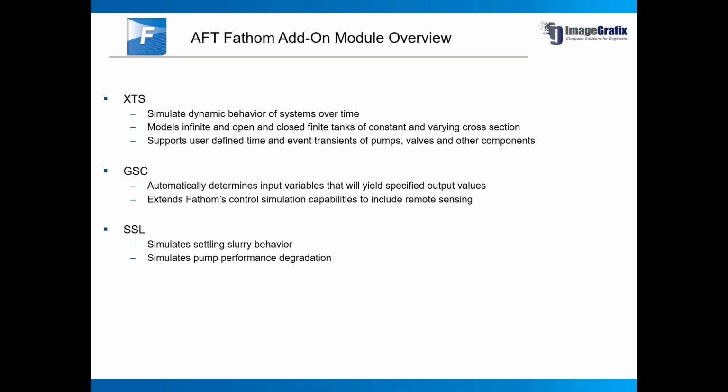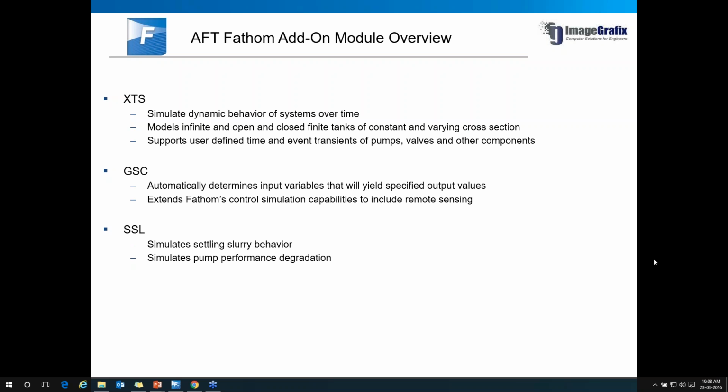Another example could be: I have a reservoir on the top of a hill discharging to a reservoir at the bottom of the hill. It's a gravity flow situation, and I have a valve connected in between. Let's say at the bottom reservoir I want a velocity of 10 meters per second.